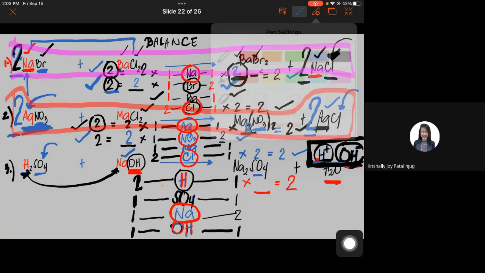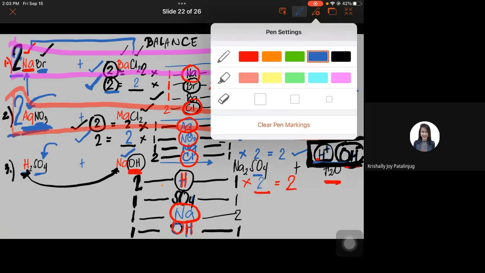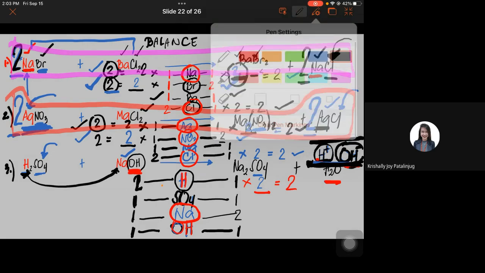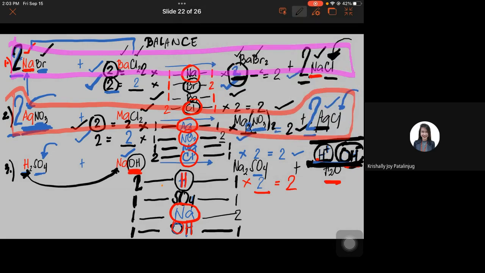In this water chemical formula, you write a coefficient of 2. So meaning to say there are now 2 H. Focus on the H that we break down. So there are 2 H already, so it's balanced, no problem with hydrogen.